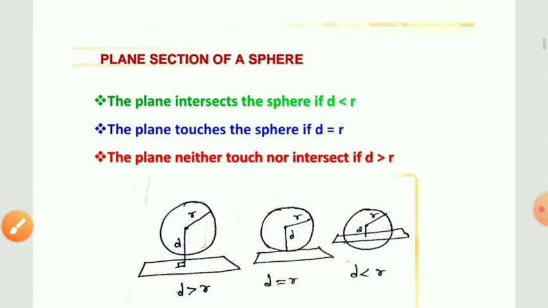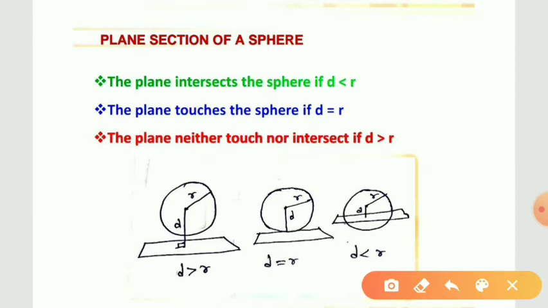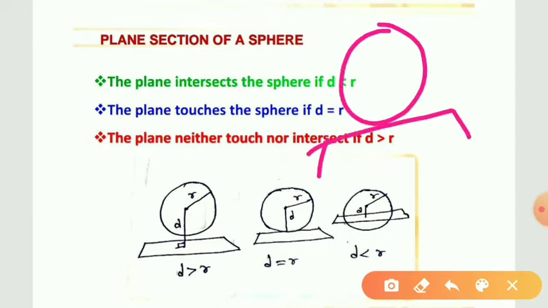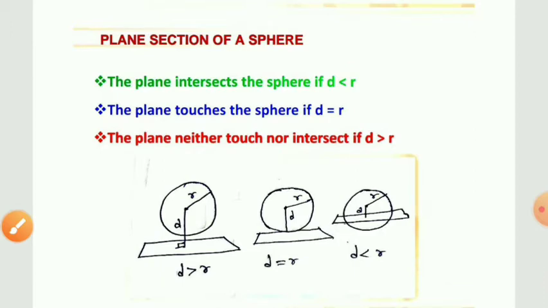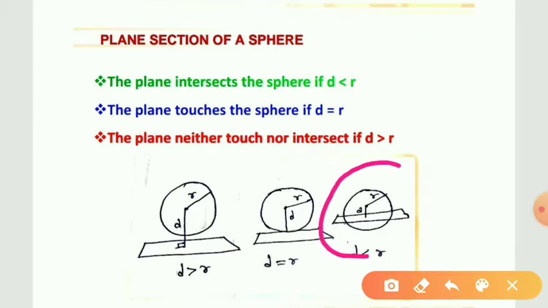Whenever you take a sphere and a plane, three cases may arise. In the first case, the plane intersects the sphere in a circle like this.